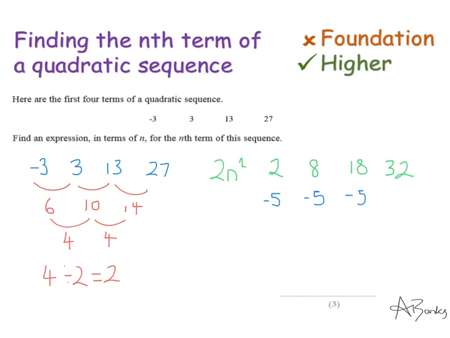And from 32 to 27 is minus 5. So this has nth term of just minus 5 every time. So my quadratic is made up of the 2n squared sequence and minus 5. So the nth term of my quadratic is 2n squared minus 5.